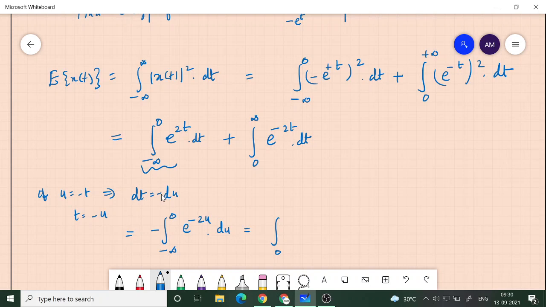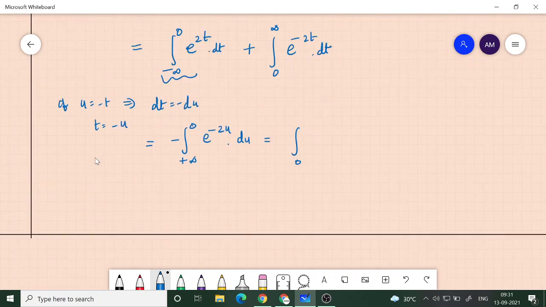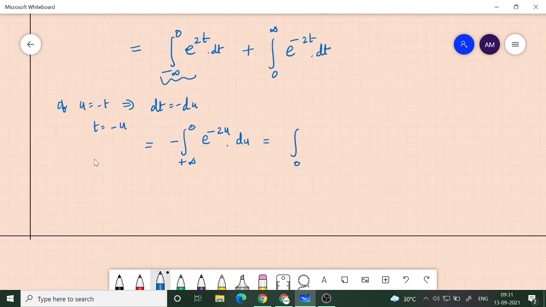Let me just show that explicitly. When t is equal to minus infinity, u is equal to plus infinity. When t is equal to 0, u is equal to 0. So that is why it will become plus. Now I am absorbing the minus and interchanging. This is an integration variable, you can put t also.